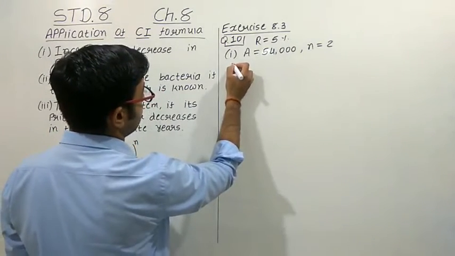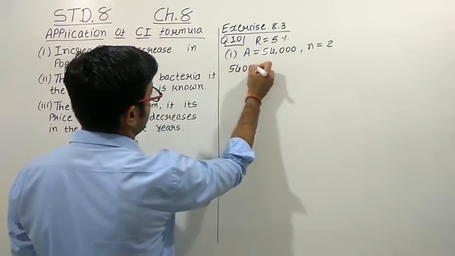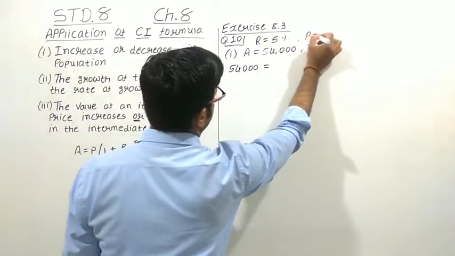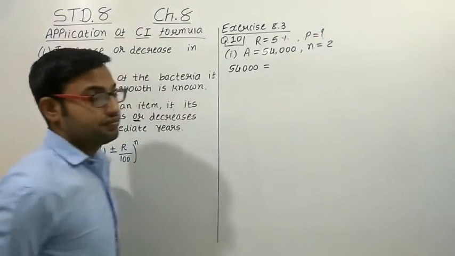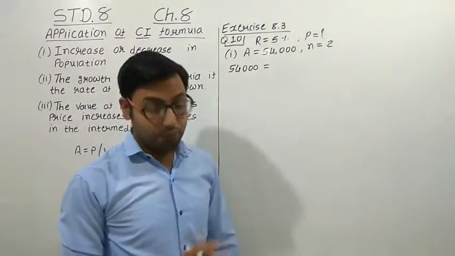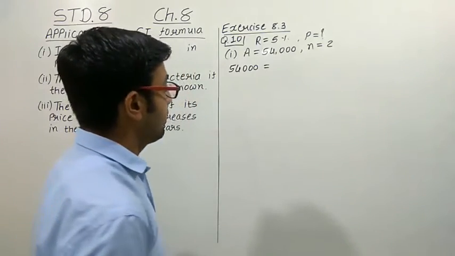A is equal to 54,000. Okay, what we have to find? That is P. Here the P means not principal amount, here the P means the population in the year 2001, right?